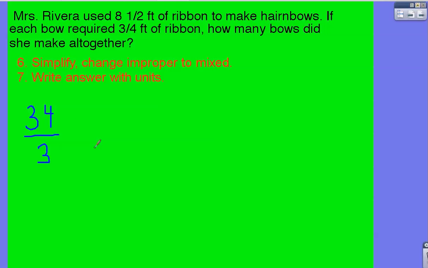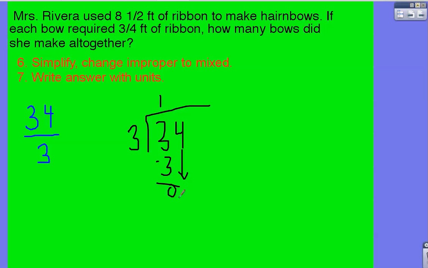So we have 34/3. This is improper. The big 34 is smushing the 3. So 34 divided by 3. 3 goes into 3 once. 1 times 3 is 3. Notice I am going to bring down this 4 because I'm not adding a decimal and a 0.